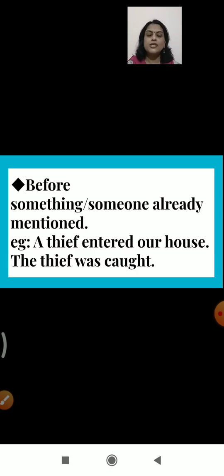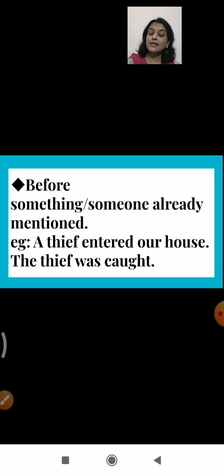It also comes before something or someone already mentioned. Means what? Now, when you have two sentences, sometimes in the first sentence a is used and in the other one the is used. Why so? It is because in the first sentence, you do not know that person, so you are talking about it in general.